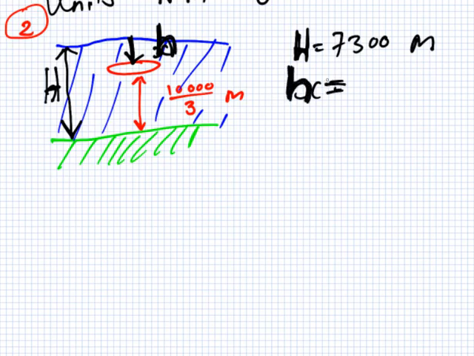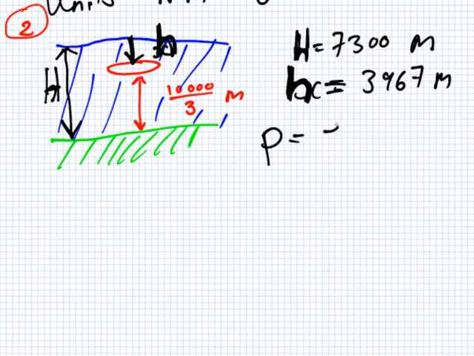So that would be 7,300 minus 10,000 over 3, which is 3967 meters.